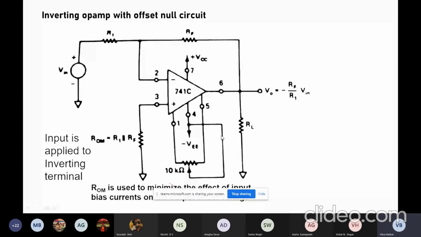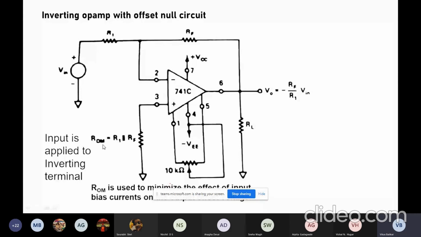Internally it will be connected something like this. The fourth terminal and the first terminal will be connected through a potentiometer over here. I can vary this pot. By varying this potentiometer, I can adjust the resistance, and whatever resistance I get, I'll be applying over here. So this is an offset minimizing circuit.